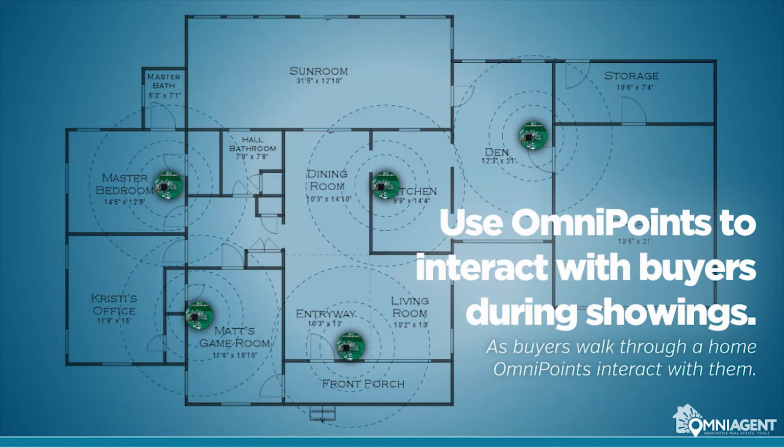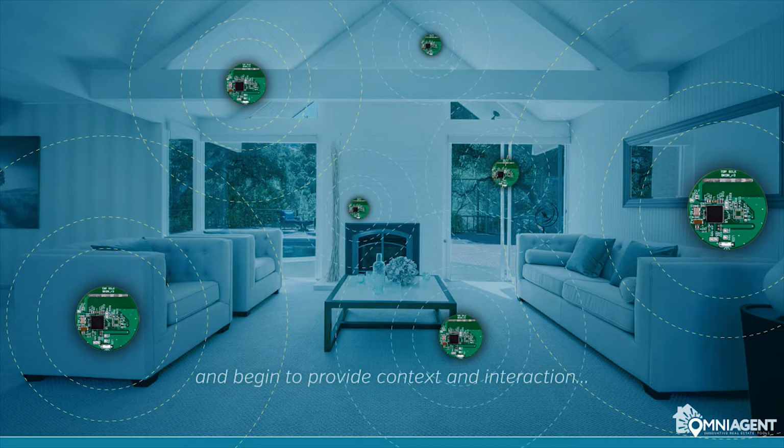So then we can start to create a timeline, a heat map that we can have as listing agents to take to the sellers and say, hey, you know how we talked about the den not really being accessible or keeping that door closed, or when you have the dogs in there, they're not able to see that den. Here's a heat map of the last 5 showings and how people are interacting and flowing through your home. Maybe we need to rearrange some furniture to get them to experience the kitchen a little bit better.